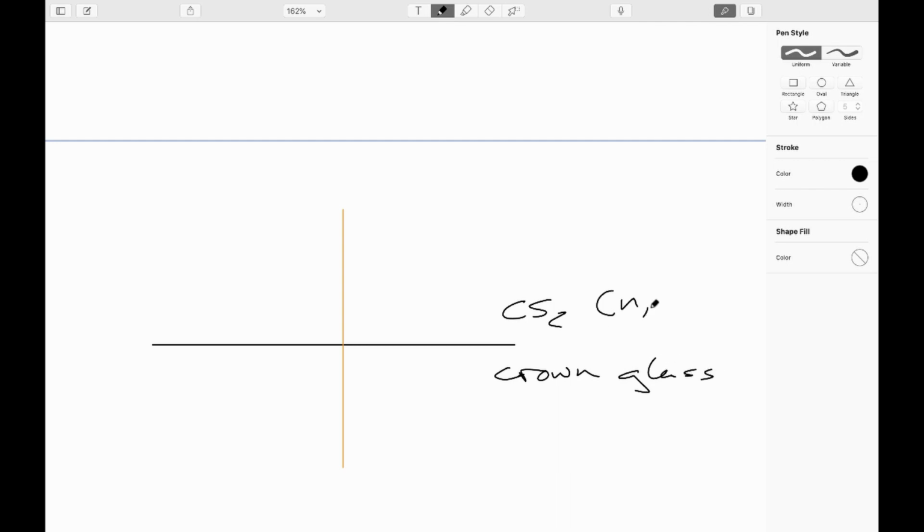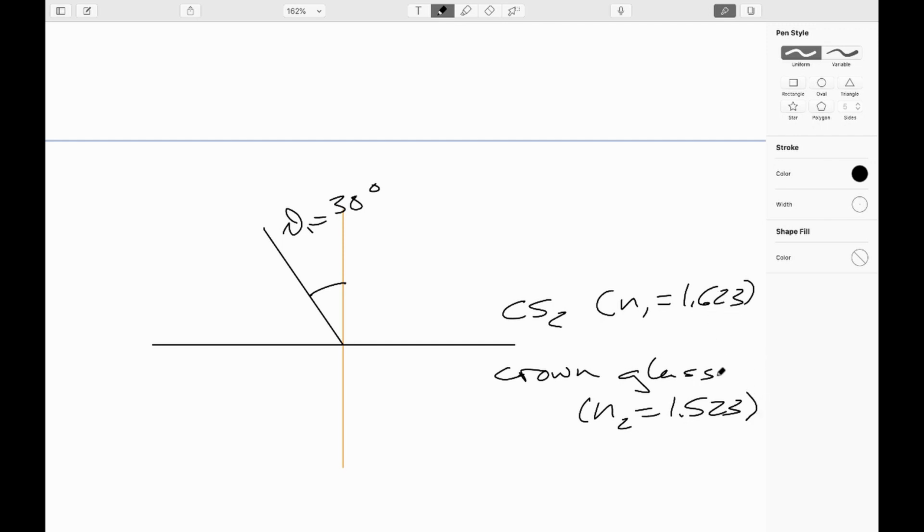Anyway, the index of refraction for carbon disulfide is 1.623. And crown glass is still 1.523. So once again, we will come in at our theta 1 equals 30-degree angle. But now, because we're going from a higher index to a lower index, this means that we will bend away from the normal.